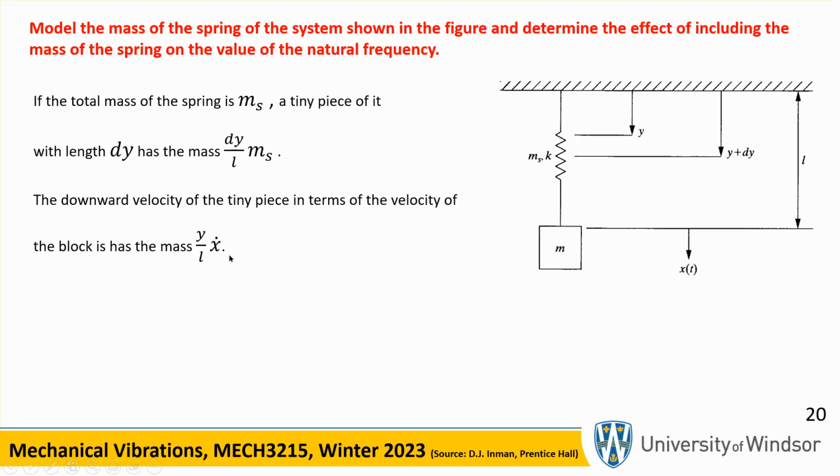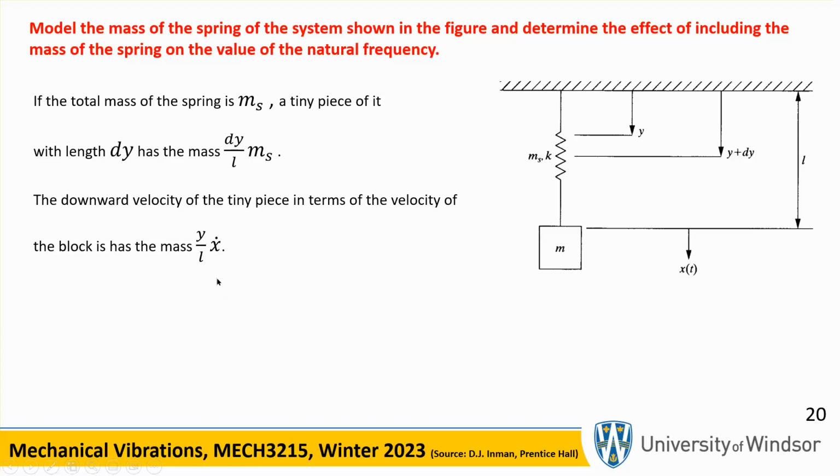Velocity of the block is x dot, no problem. But if you look at y equal to 0 on the very top, you have 0 velocity. If you look at y equal to L at this juncture, you have the same velocity as the block. So actually, the velocity of that tiny little piece is going to be y over L times x dot.